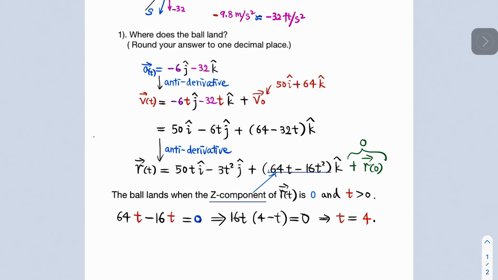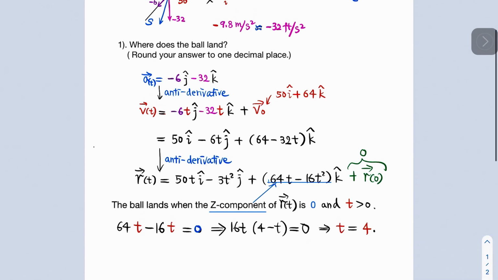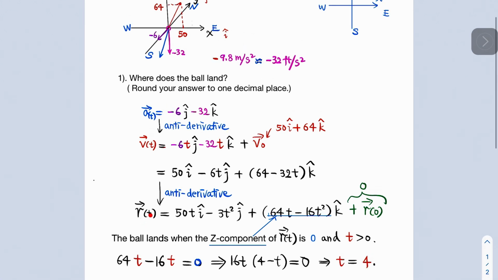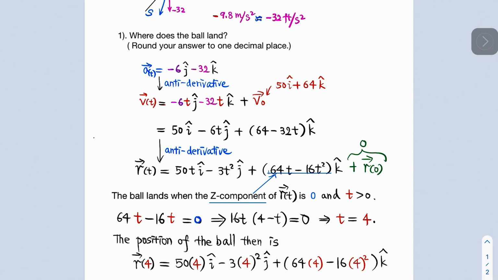Once we know the time that the ball hit the ground, we can substitute this time t into the vector function to find the position of the ball when it landed, which is 50 times 4 i minus 3 times 4 squared j plus (64 times 4 minus 16 times 4 squared) k.